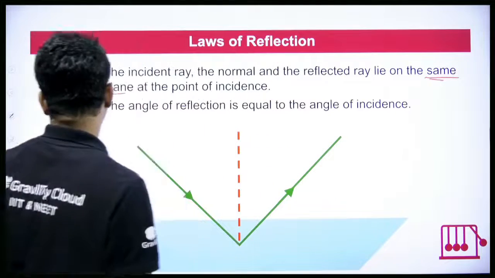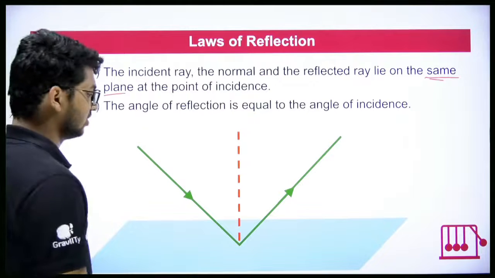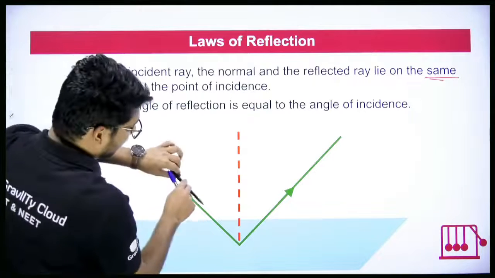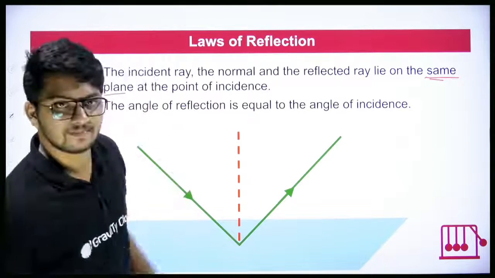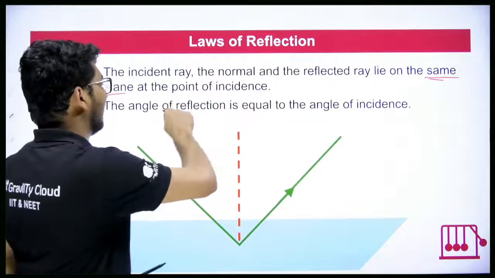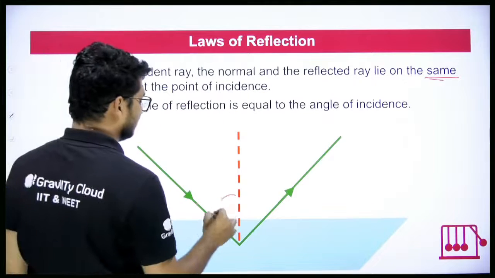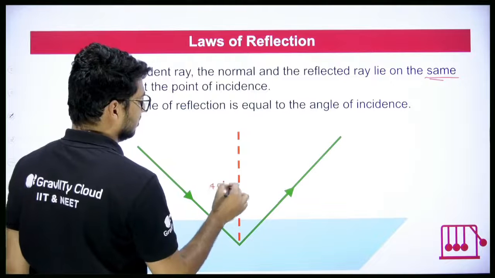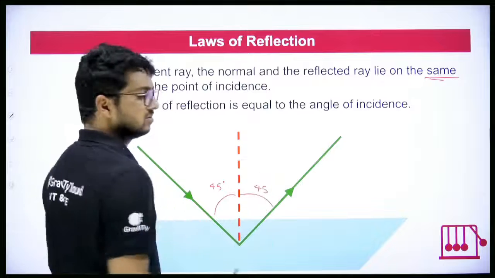I'll give another example. We'll come back to the laws of reflection. This is the incident ray, and this is the normal. The second law tells that angle of reflection is equal to angle of incidence. So let's say this angle is 45 degrees. That means the angle of reflection should also be 45 degrees.